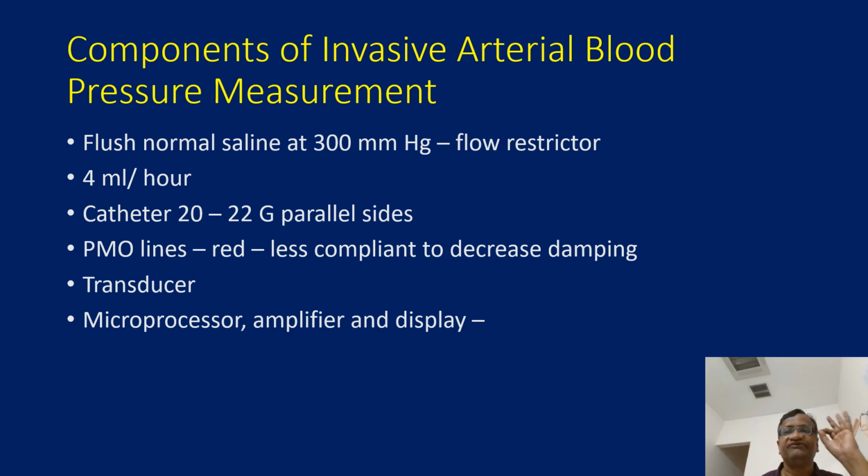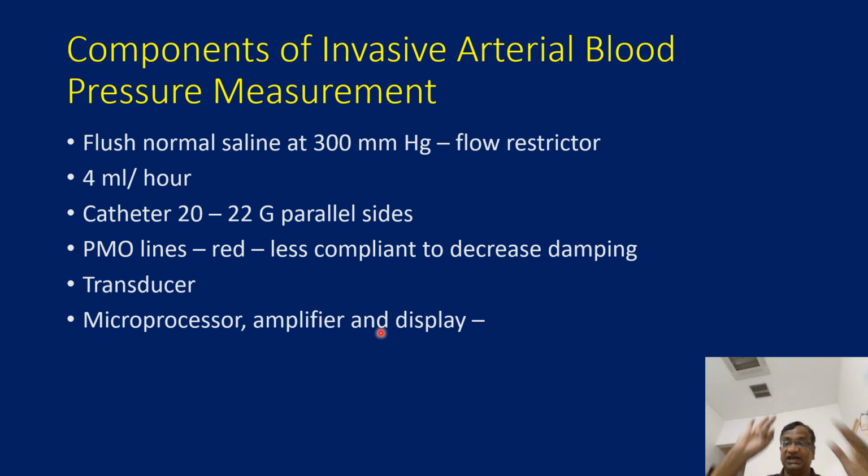What are the components of invasive BP monitoring? You have put in a line. First there is normal saline at 300 millimeters of mercury. Then it comes through a tube to a flow restrictor, which delivers only 4 ml per hour to the artery. It pushes saline at 4 ml per hour when the flow restrictor is acting normally.